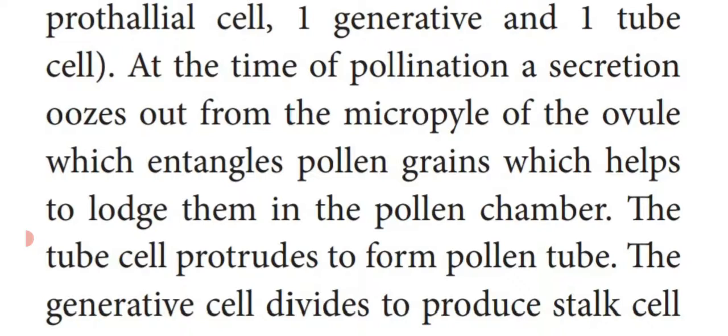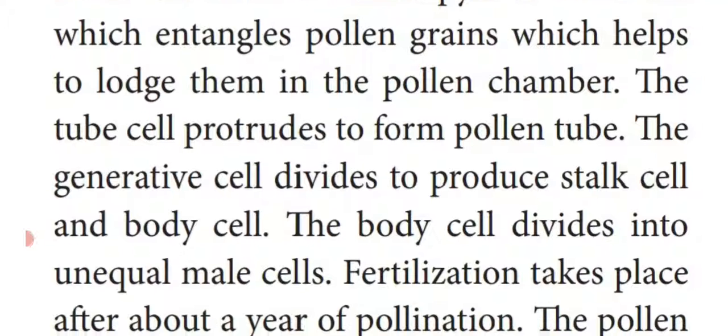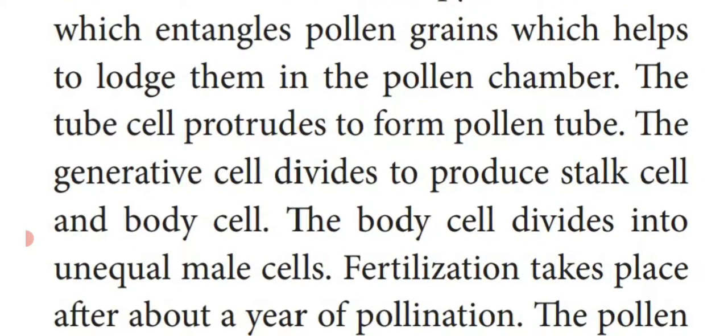Once they are lodged in the pollen chamber, the tube nucleus grows to form a pollen tube. At the same time, the generative cell is also divided into 2 male gametes. The size of the male gametes is different, that is, unequal male gametes.